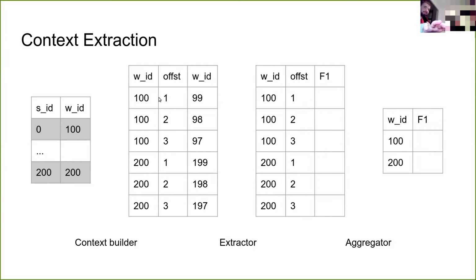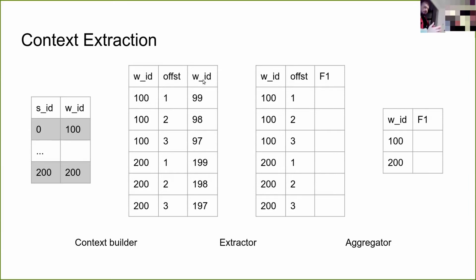So the first step we need to do is to build the context. And the context is something like this. So this is the word ID, a distance or offset in this context between the words and another word ID.